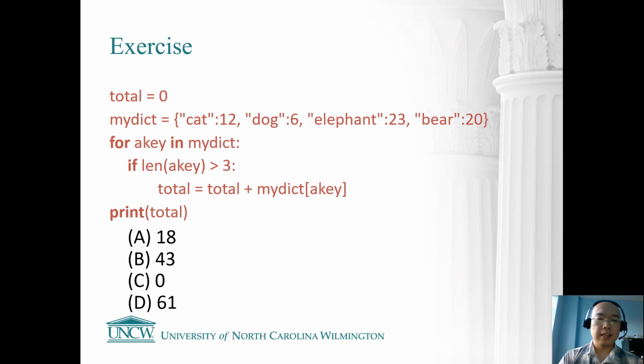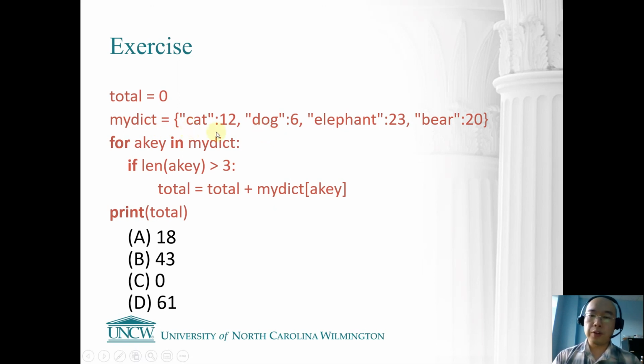So the reason is, in this iteration, I'm going to visit all the keys. For each key, it can be cat, dog, elephant, or bear. And if the length of this key is greater than 3, so we are checking the length of the keys as strings, right? The length of cat is 3, the length of dog is 3.